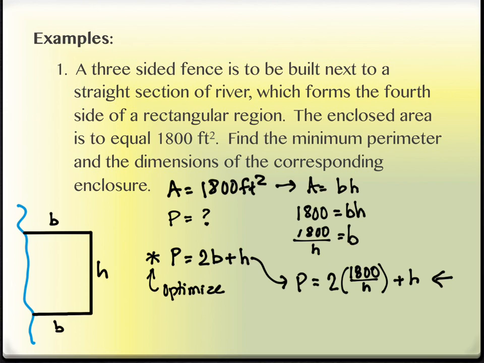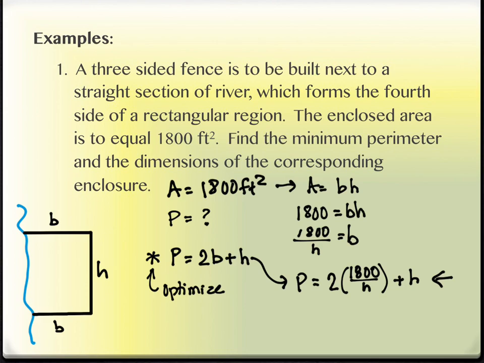Well, 2b, right? No, it needs to be a number. We're looking for a number here. Look at the image of what my shape is. What can h not be? 0. It can't be 0 or negative, right?